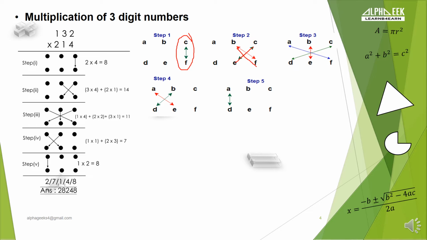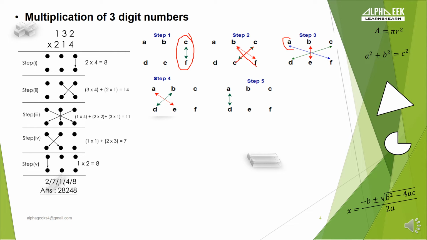Multiply those numbers, add those numbers, and add the carry too if you are getting a carry, and note down the digit. Note down the unit place of that digit, and whatever is the tens place will be going into the carry. Both digits will be going into the carry. Step 3 will be the multiplication of 3 digits in a cross fashion.